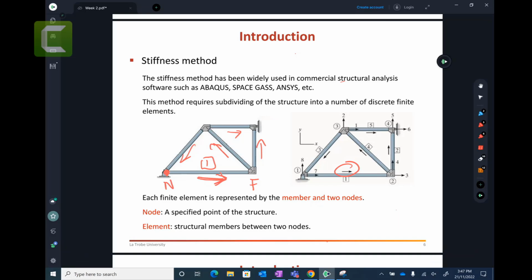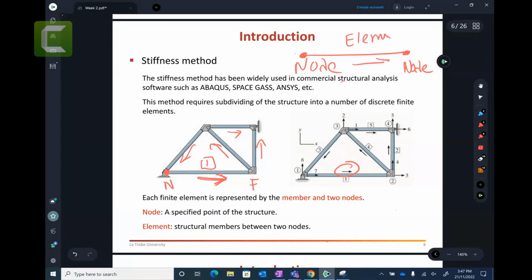Now I'm adding one more vocabulary item: this is an element. Each element has 2 nodes. 2 nodes, meaning the point, and a point is called a node. Node is the end of an element, the left and right end, the far end of the element where it finishes. So that is called a node. This is also called a node. This is called an element.